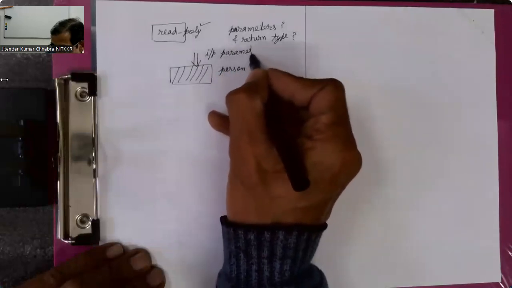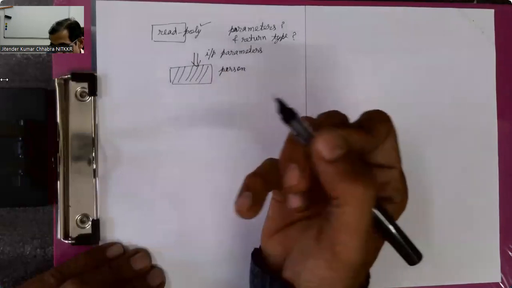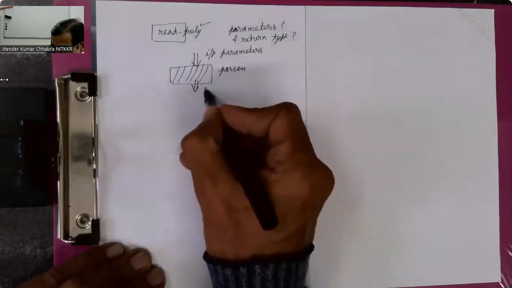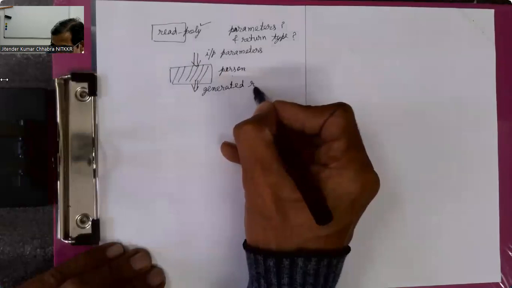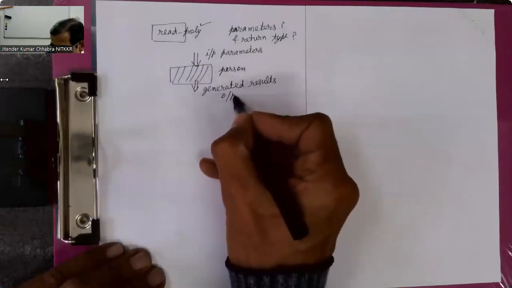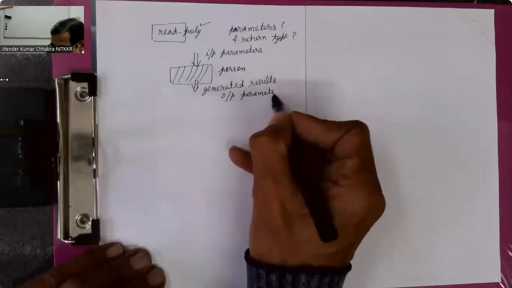Whatever it does inside is the inside logic. Whatever generated results come from this will become output parameters or the return type.